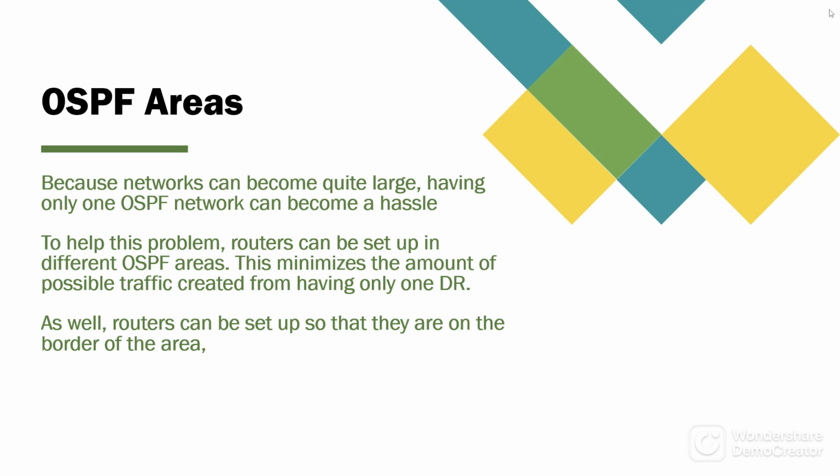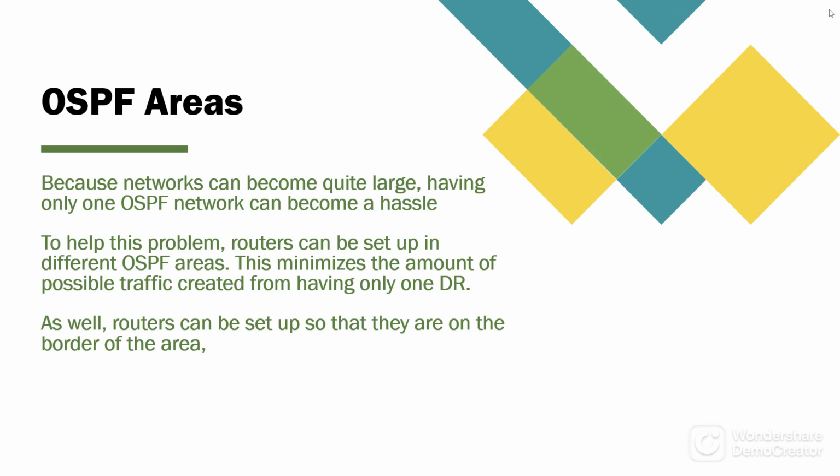As well, having only one designated router for a large amount of routers requiring the designated router's database can overwork the designated router. As well, within the setup of the network, if there are a large amount of routers, this flood of LSA messages can slow down the setup.